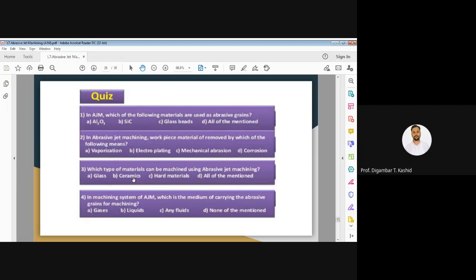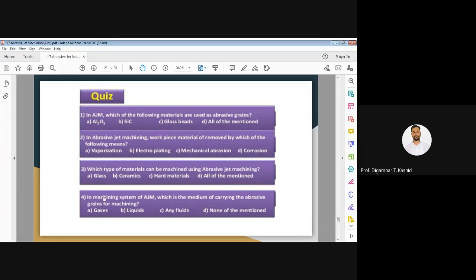Option A is vaporization, B is electroplating, C is mechanical abrasion, and the fourth is corrosion. In abrasive jet machining, the workpiece material is removed by which of the following? C is the correct answer.